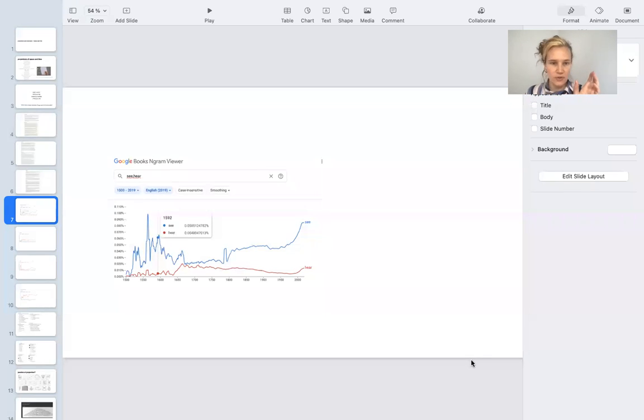And I always want to see from the earliest recorded, which you can't go earlier than 1500. So from 1500 to 2019, you look at all of the instances that Google Books have uploaded to date, all of the instances of these words, of these concepts, and then you can compare with however many.